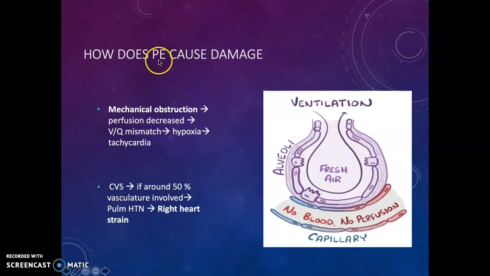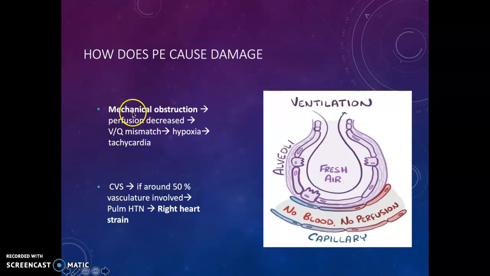So how does a pulmonary embolism cause damage? It travels towards the pulmonary circuit and thereby causes no blood to flow, thereby causing no perfusion. So you have ventilation coming in to the alveoli, that is you're breathing in and air is coming in, but you don't have any blood in the pulmonary circuit to match this. So you have 100% ventilation, that is nothing is wrong with the breathing, but you don't have any blood to get oxygenated.